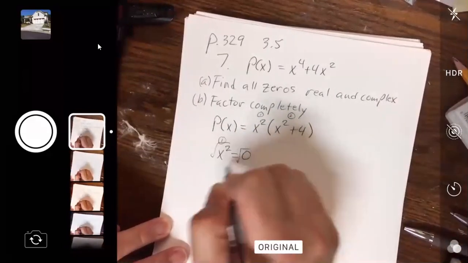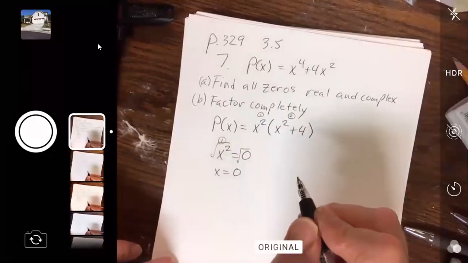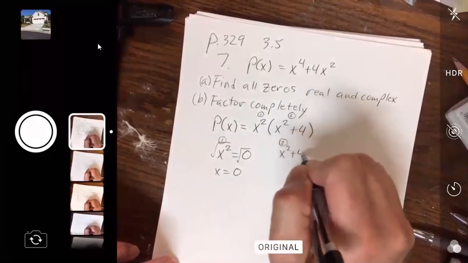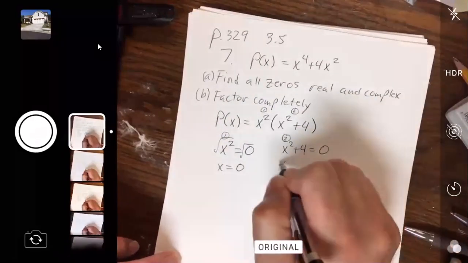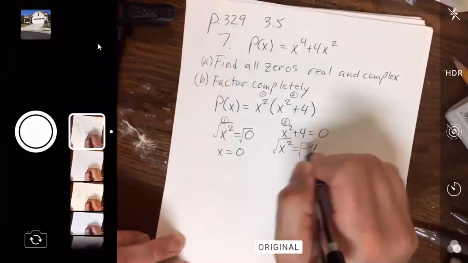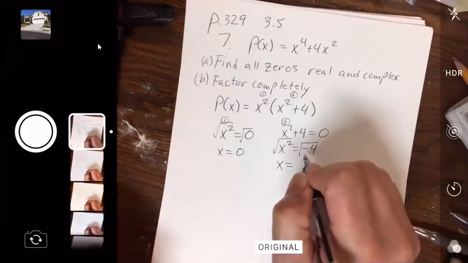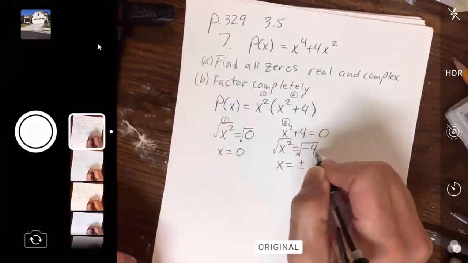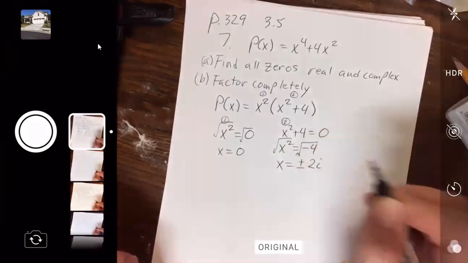Square root, so x equals 0. And over here, x squared plus 4 equals 0. x squared would equal -4. Take the square root, and we just did the square root of -4 on the other sheet. With a square root you get a plus and minus, and the square root of 4 is a 2, and with a negative inside, you get an i.